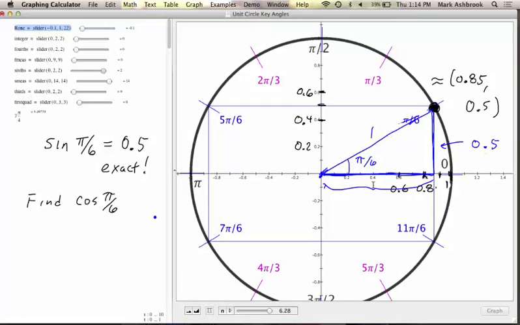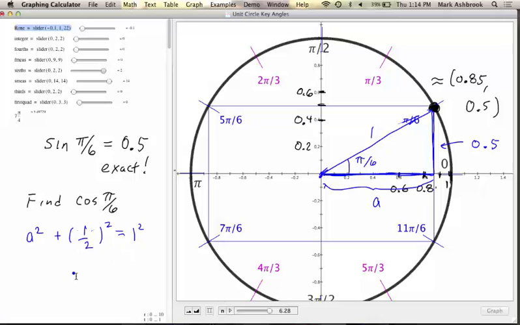So we're going to use the Pythagorean theorem again. You can call it anything you want. We'll call it a, like we did last time. So a squared plus 0.5 squared equals 1 squared. If we do a half, keep it as fractions.